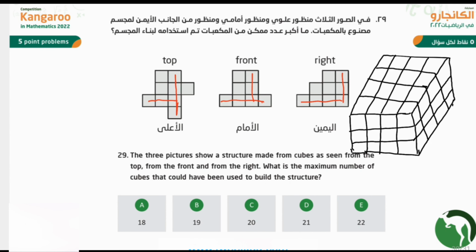After drawing the shape, we will now draw the front, the top and the right faces. So we have here the front face, which is this one here. And now we will draw the top face. So we have this here, and like this, and like this.